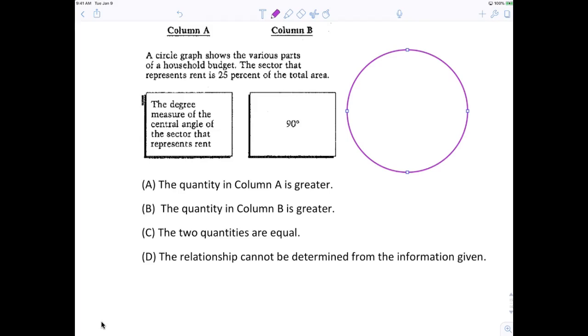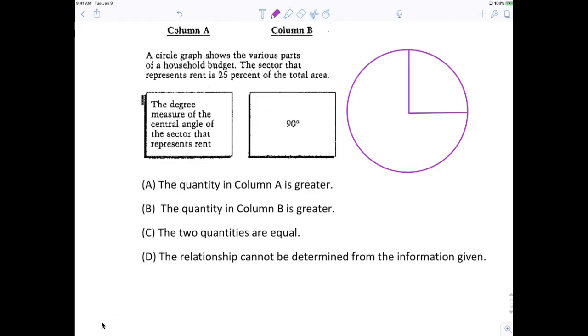Now, 25% of that. 25% is about what fraction? 25% is the same as what fraction? 1/4. Very good.